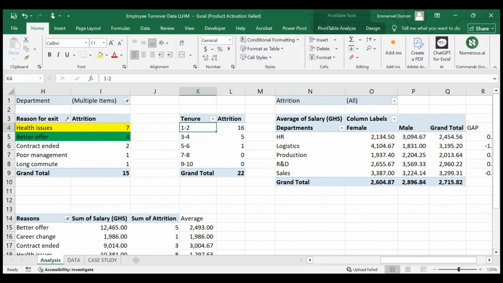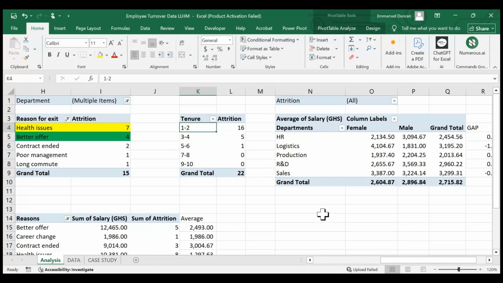So there's this kind of disparity in salary. The payment of salary needs to be reviewed, such as making sure that our salaries are being benchmarked according to industry standard.